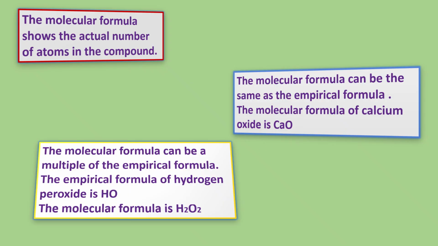But the molecular formula can also be a multiple of the empirical formula. For hydrogen peroxide, the ratio between H and O is 1 to 1, so the empirical formula is HO. But the actual one, the molecular formula, is H2O2, because in a molecule there are 2 hydrogen atoms and 2 oxygen atoms.